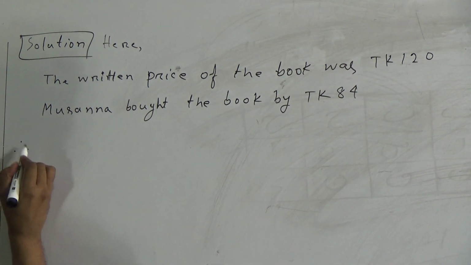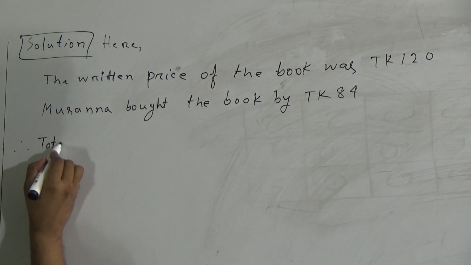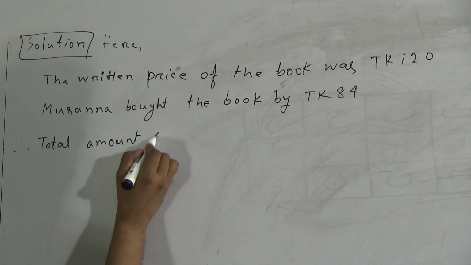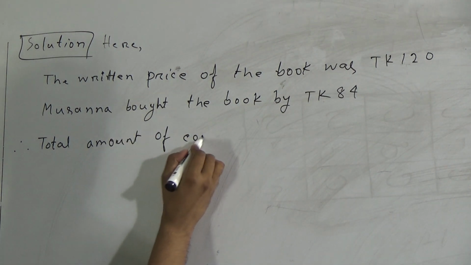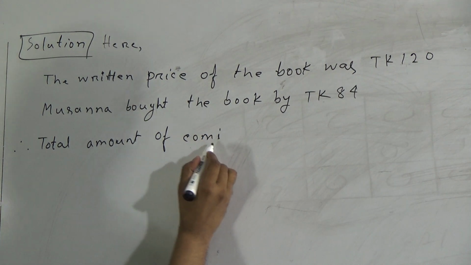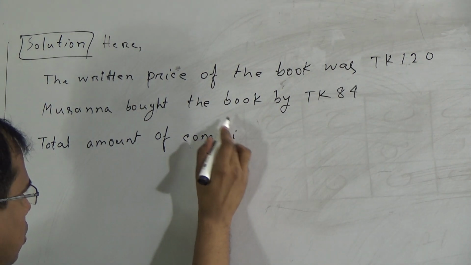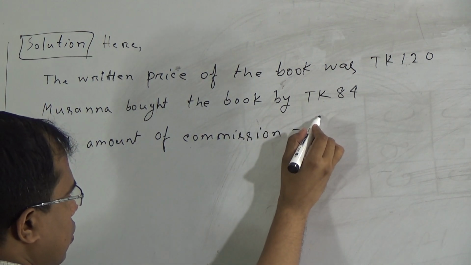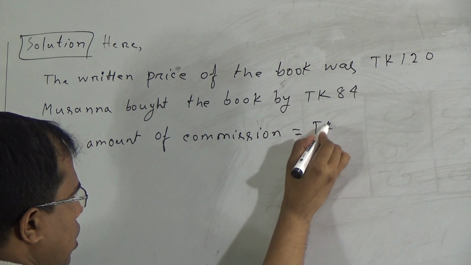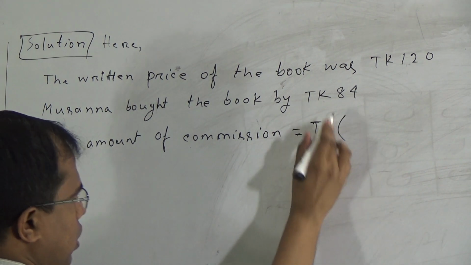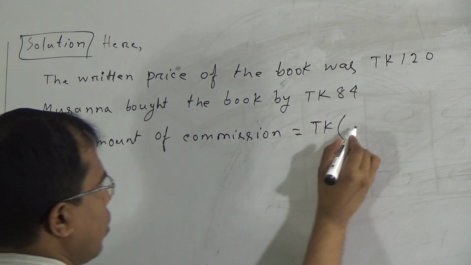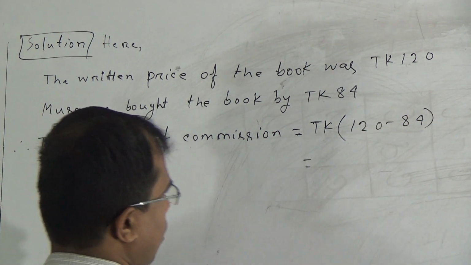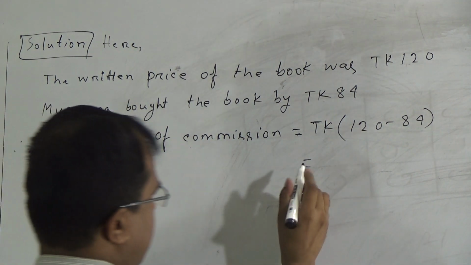Therefore, total amount of commission is equal to TK 120 minus 84. This is equal to 36 taka.